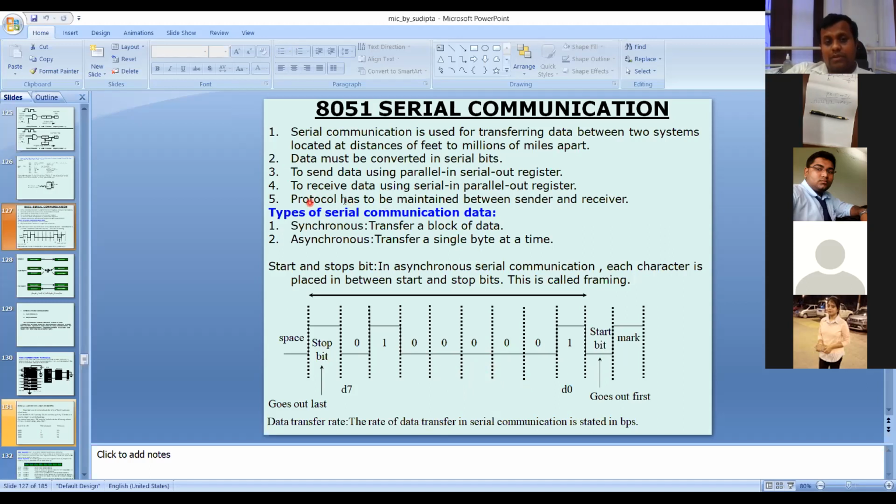Yes, sir. And what is the protocol? What do you mean by protocol? Protocol is nothing but a set of rules. In my class, there is a protocol: you can ask any questions anytime. Maybe in a different class, you cannot ask questions.